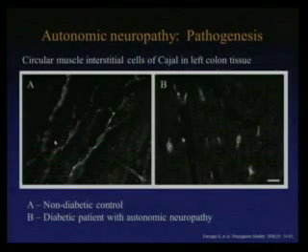This really is a beautiful image that shows the interstitial cells of Cajal in tissue taken from the left colon of both a normal patient as well as a patient with long-standing diabetes and known autonomic neuropathy.